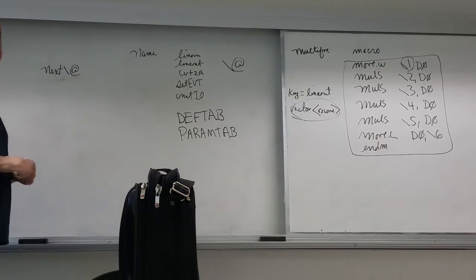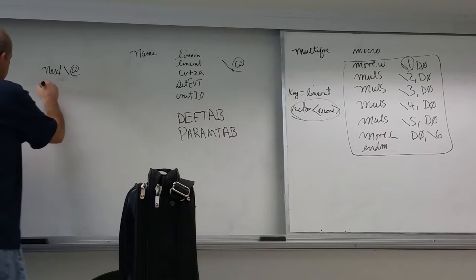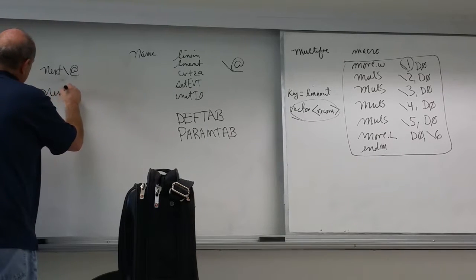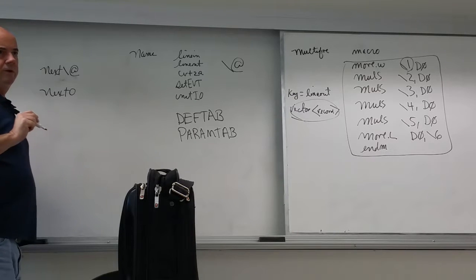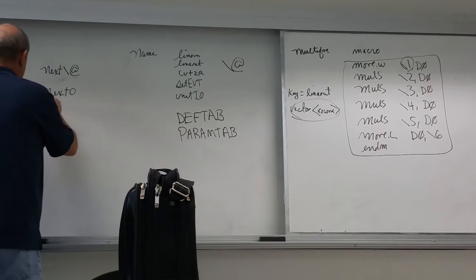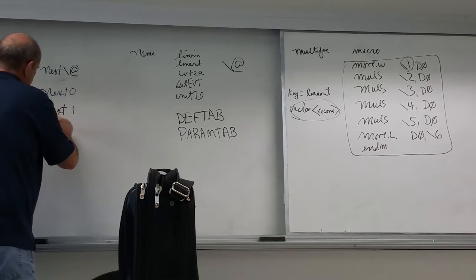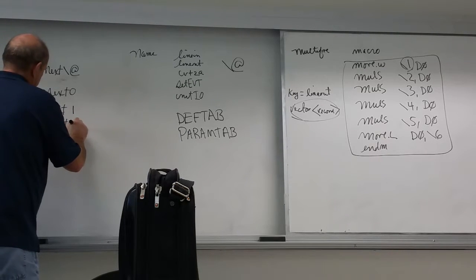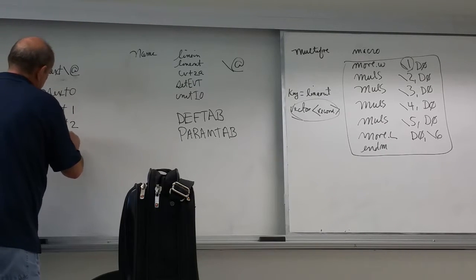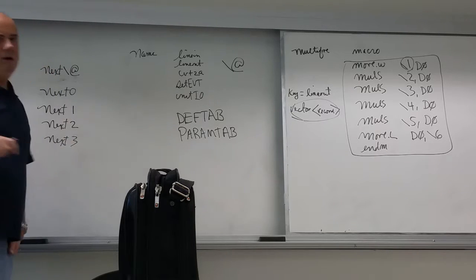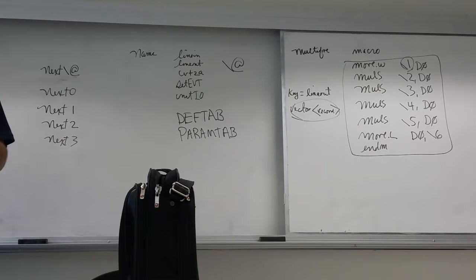Then in the expansion phase, I would say next 0 for the first macro invocation. Next 1. Next 2. Next 3, and so on for each invocation.